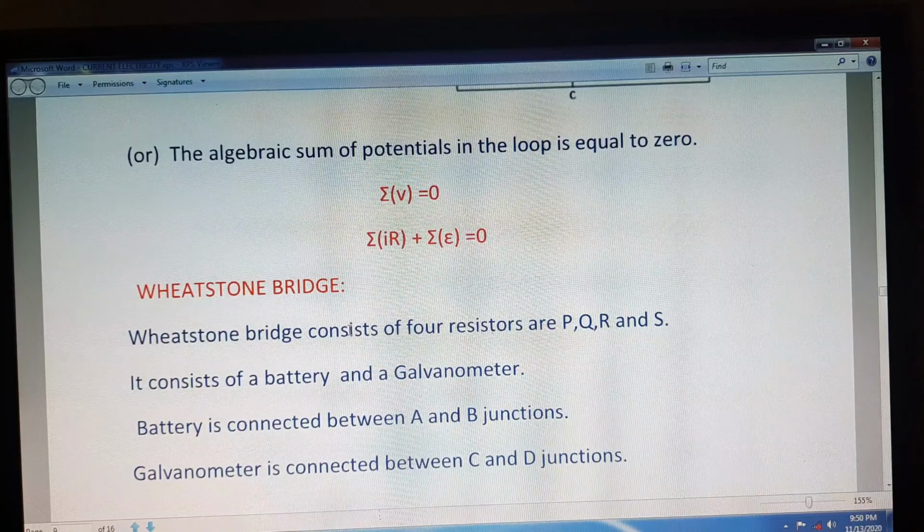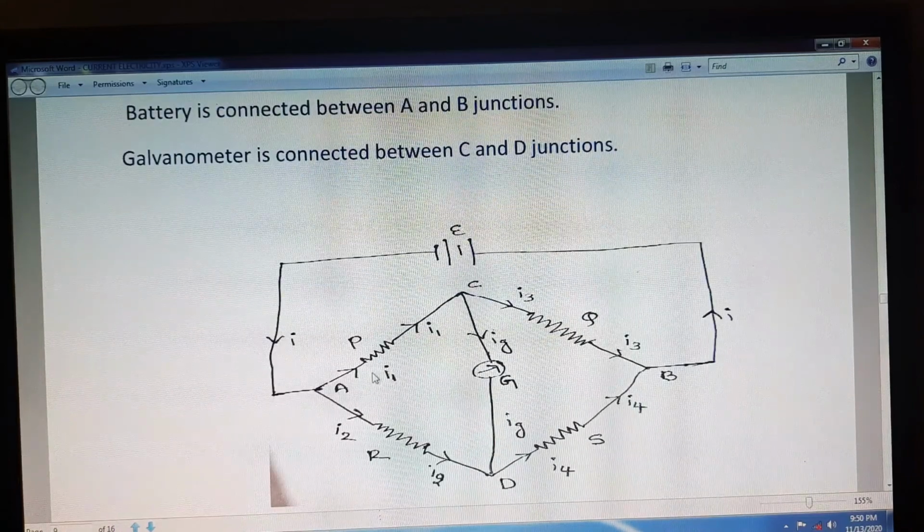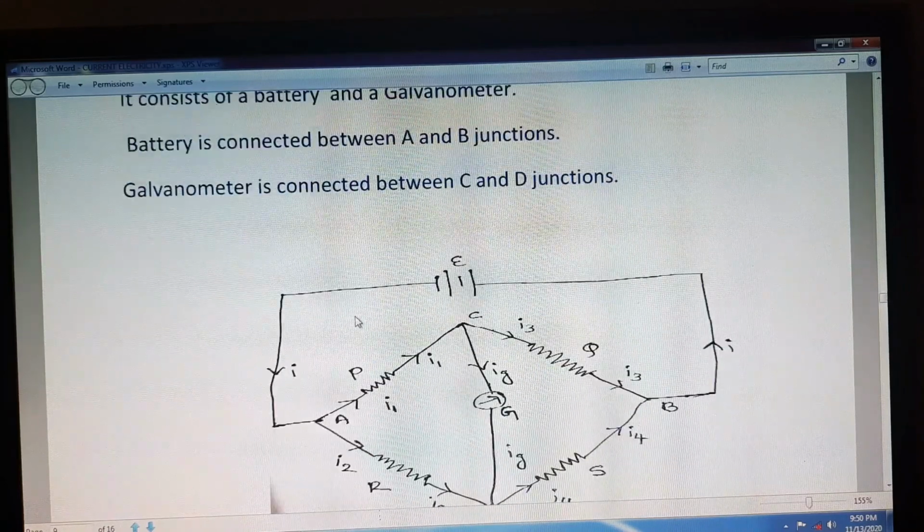So what are the applications of Kirchhoff's laws? Kirchhoff's laws are used in the Wheatstone bridge. Very important one, the Wheatstone bridge. This Wheatstone bridge consists of 4 resistors, P, Q, R, S. We can observe the diagram. P, Q, R, S are the 4 resistors, and it consists of a battery and a galvanometer. The middle one is the galvanometer.